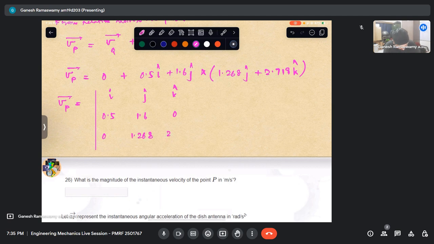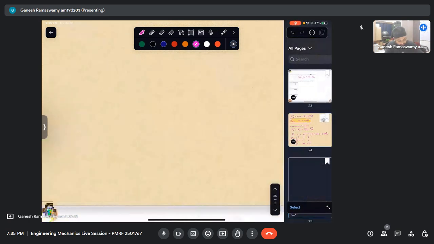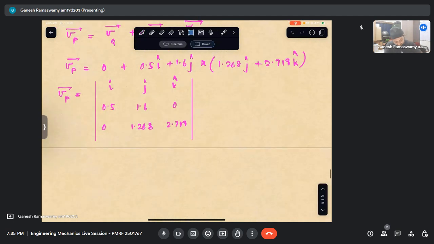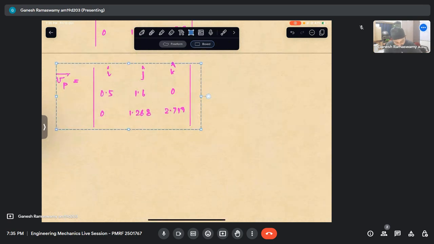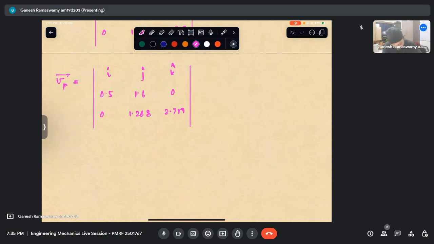As we saw in the very first session, how to do cross products between two three-dimensional vectors, that is what we are employing here. I had mentioned that it will come in handy when we are dealing with three-dimensional motion, three-dimensional kinematics.